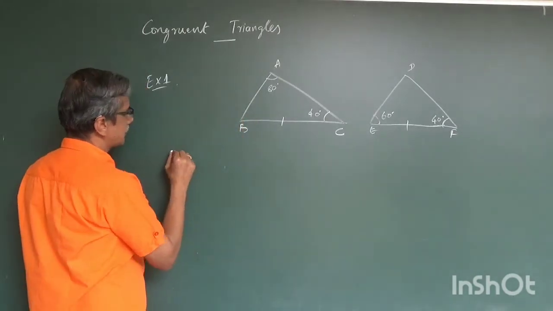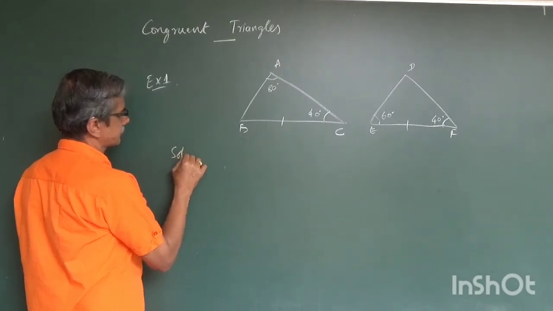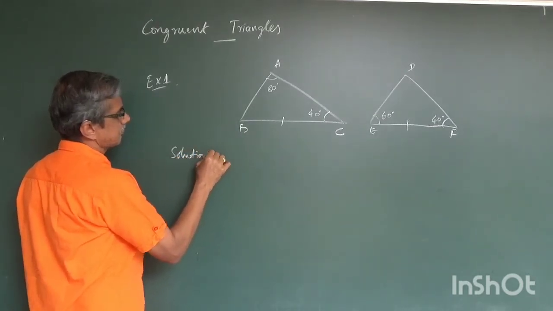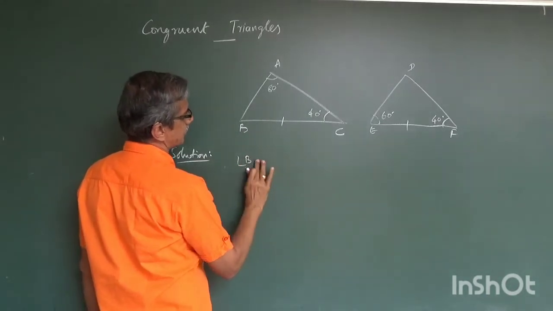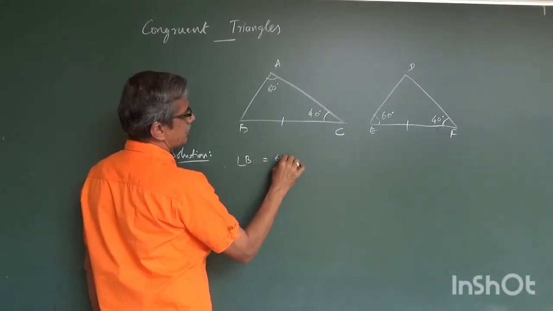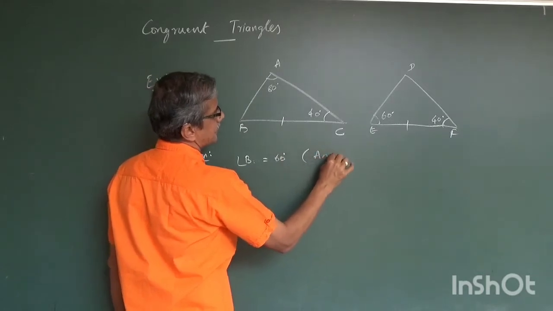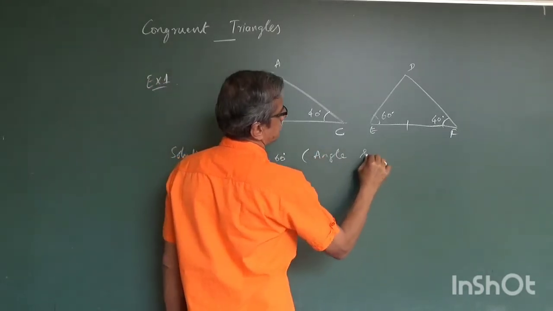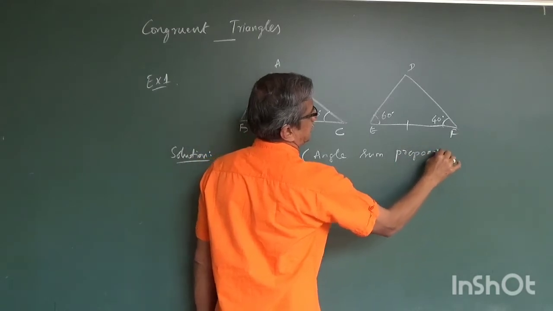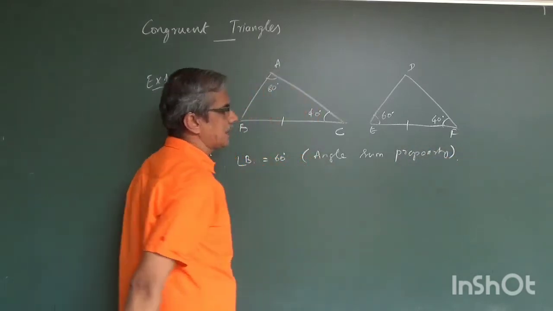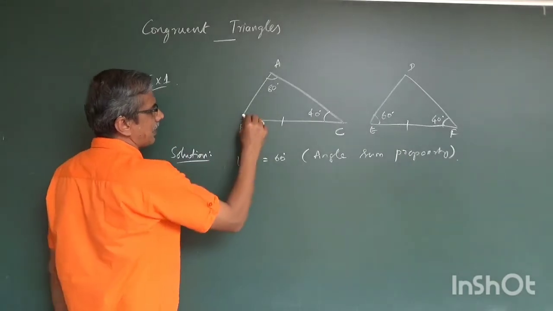So the solution is like this. Angle B is equal to 60 by angle sum property.